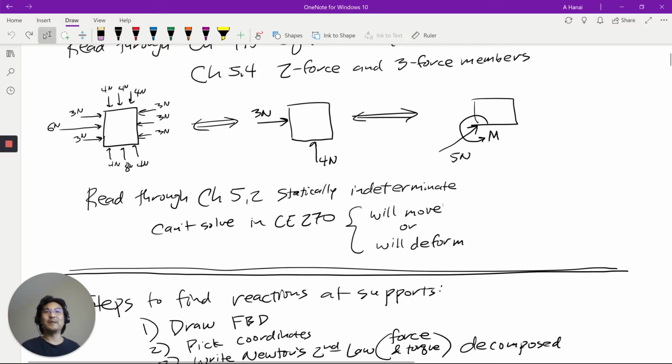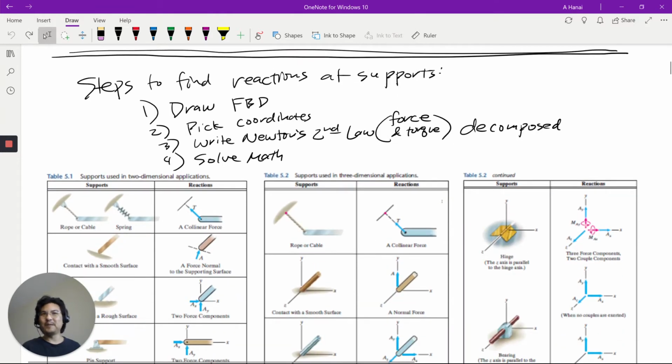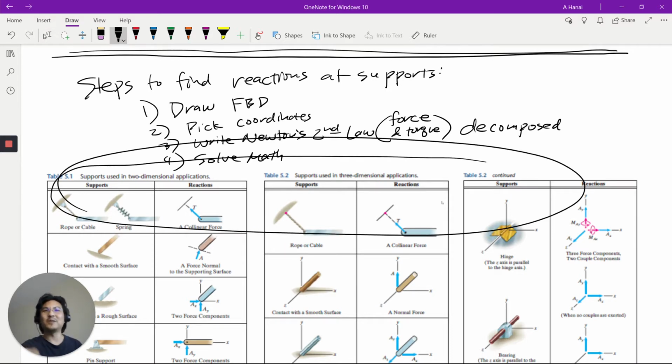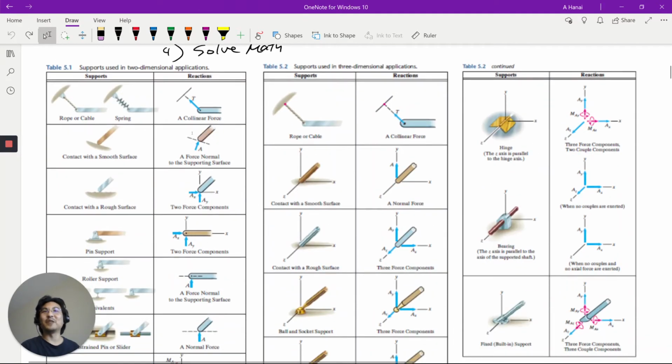Okay, so now really focus on chapter 5, which is all about solving for reactions at different supports. In the book you have these tables, 5.1 and 5.2. They show different supports and then the reactions at those supports.